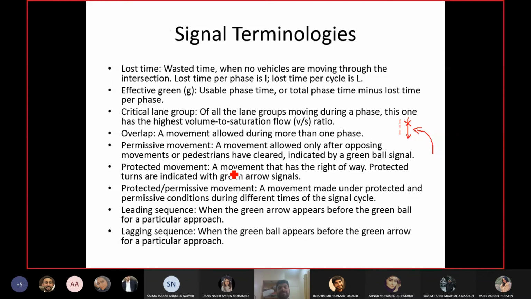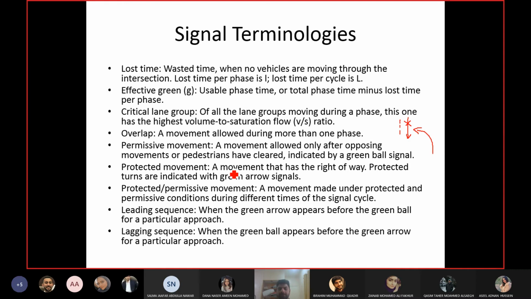Then we have leading sequence and lagging sequence. Leading sequence is when protected turning is allowed before the through movement.